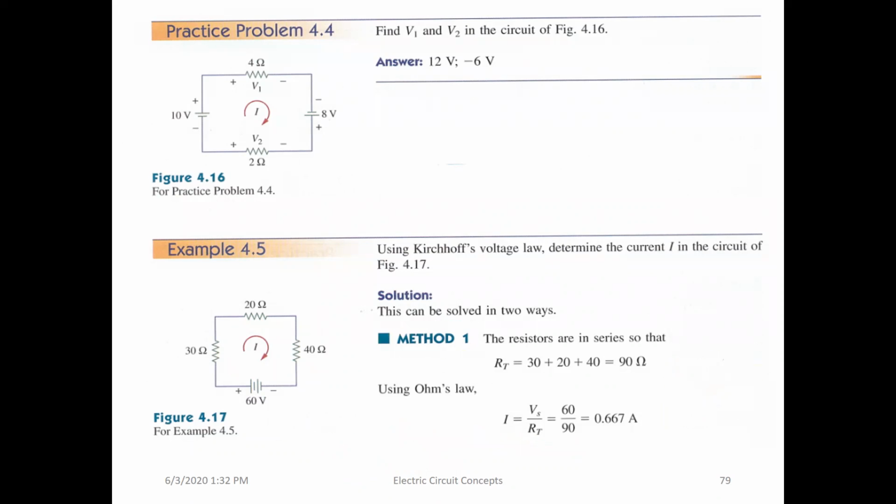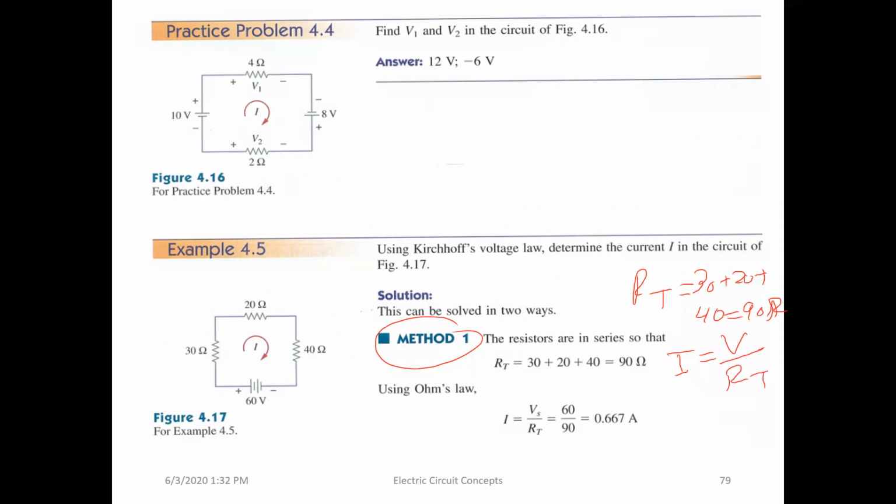So we find RT by adding all these resistors: 30 plus 20 plus 40 equals 90 ohms. And then we apply Ohm's law, so we have I equal V over RT.